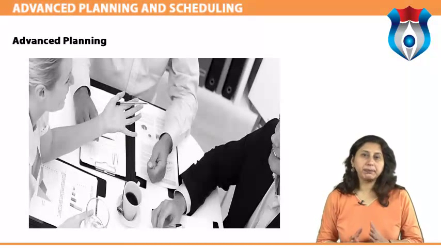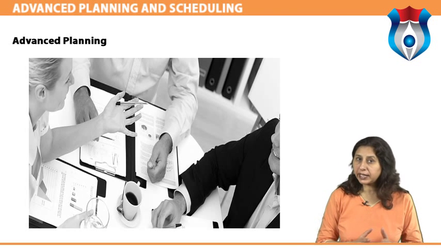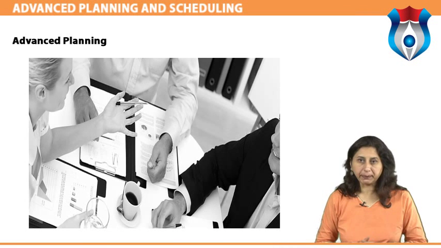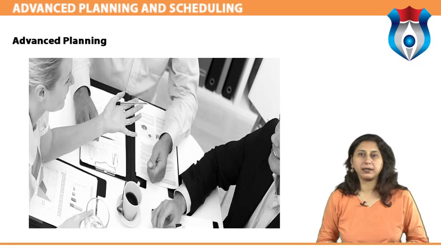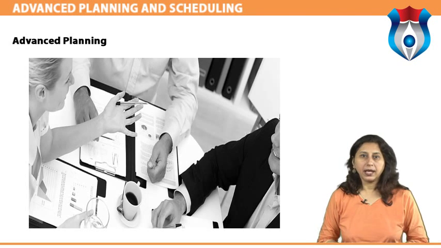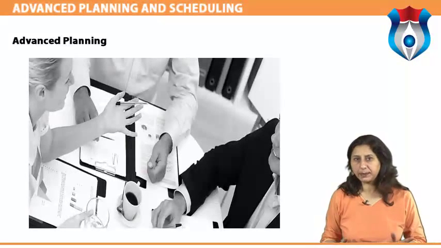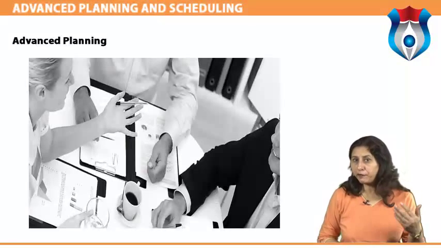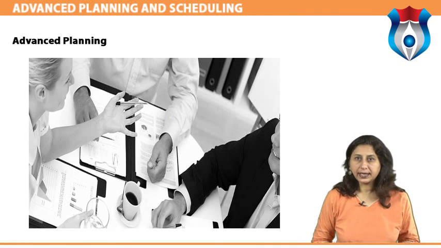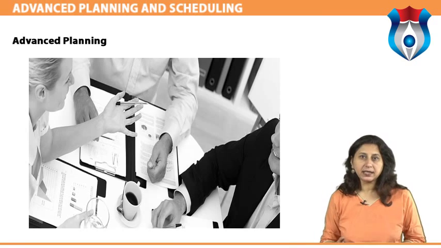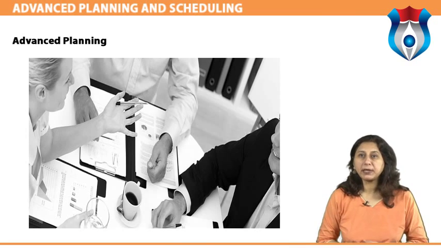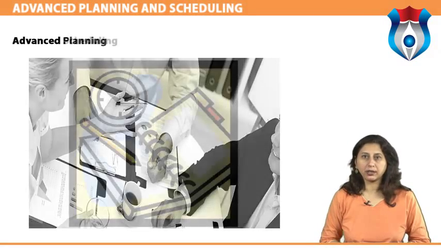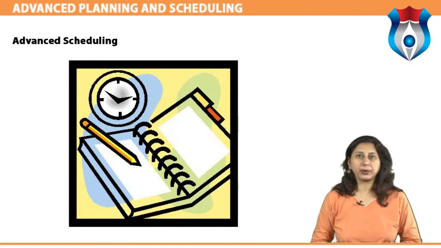The input to the planning process includes information on manufacturing capacity and demand data. Demands may be of several types: customer orders, forecast, transfer orders, that is orders from other plants, release jobs, or replenishment of safety stock.